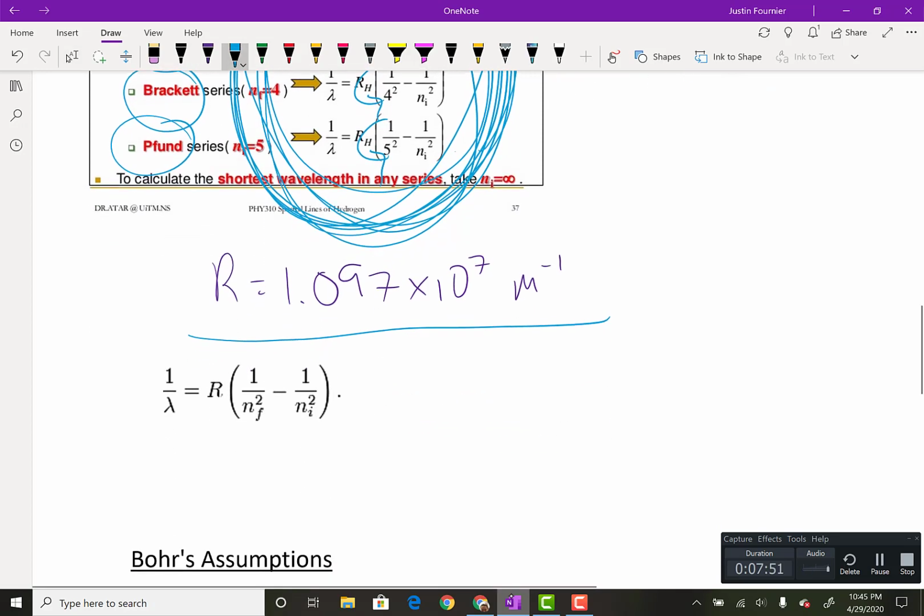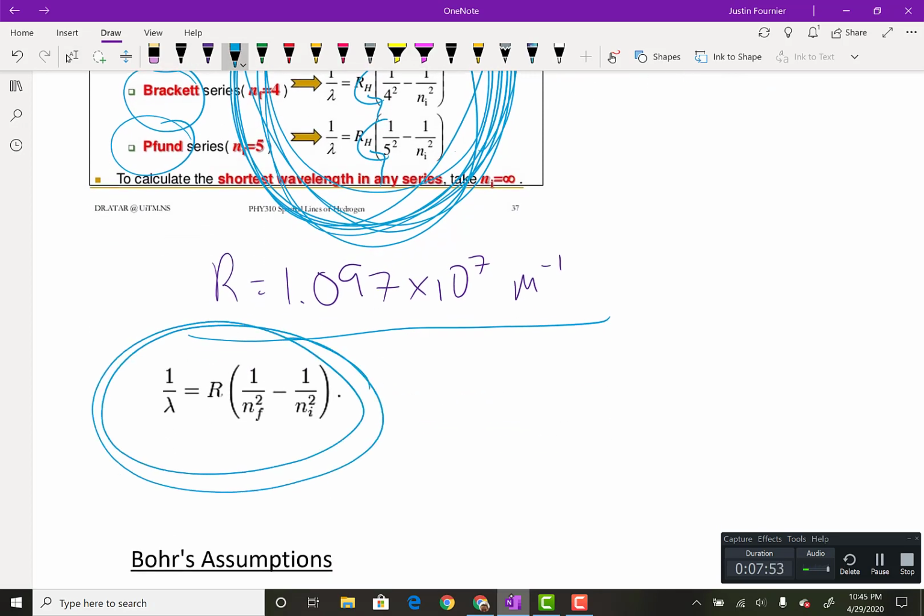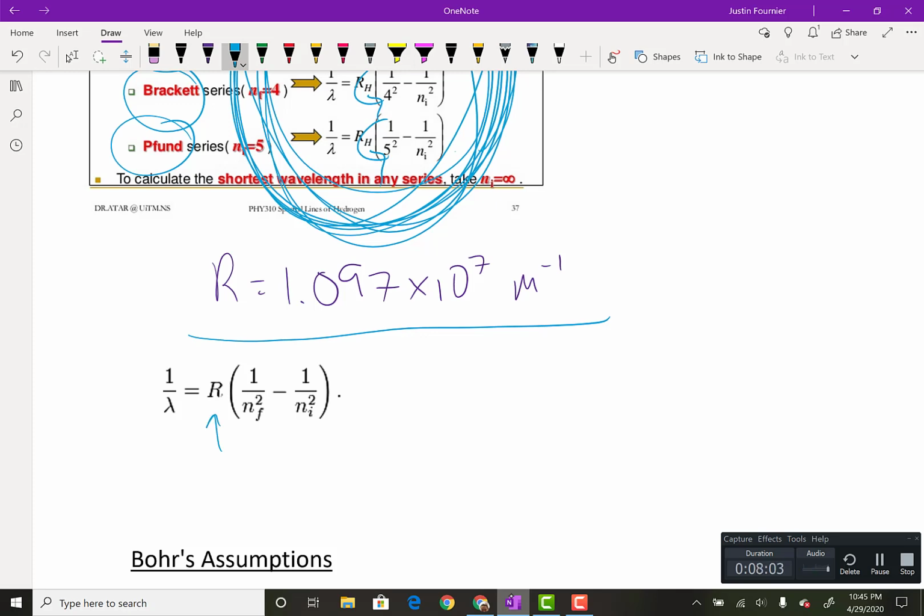So as you can see, we're getting this general formula here: 1 over the wavelength of the light, or the photon, that's being emitted, equals the constant multiplied by 1 divided by n final squared minus 1 over n initial squared. We'll get back to this in just a moment. And again, any of these n's are equal to 1, 2, 3, 4, and so on.